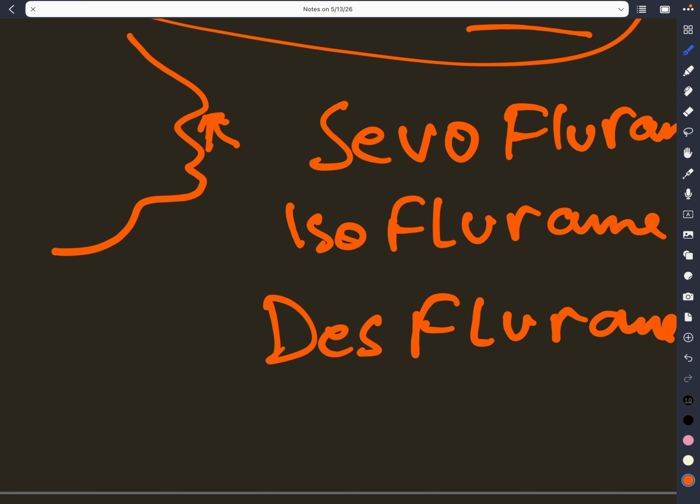Just like you get the flu through the nose, influenza, the same way sevoflurane, isoflurane, and desflurane are given through the nose because they are inhaled anesthetics.